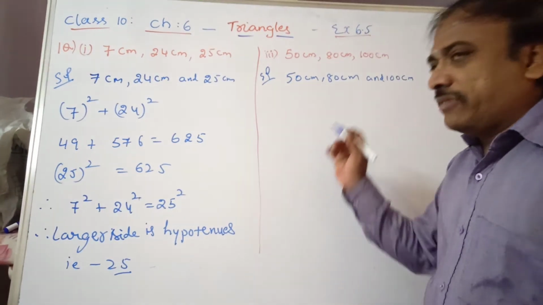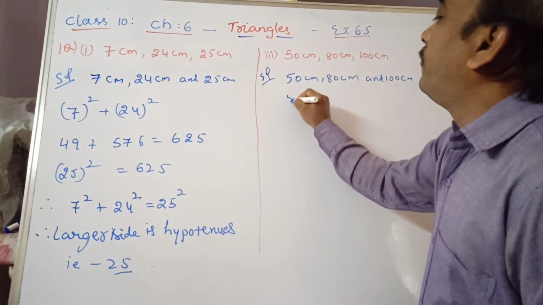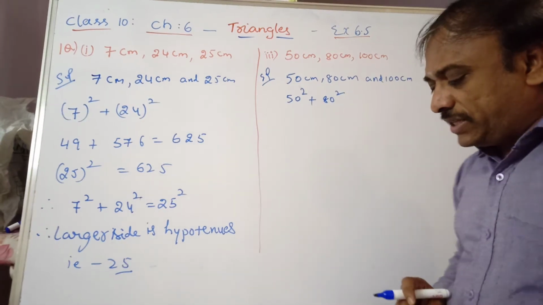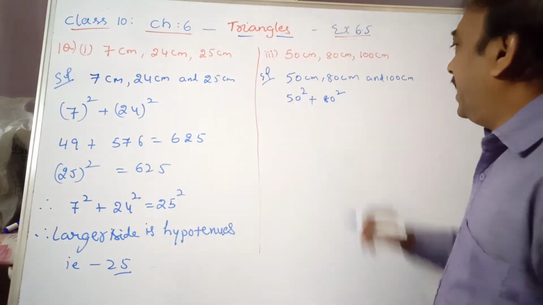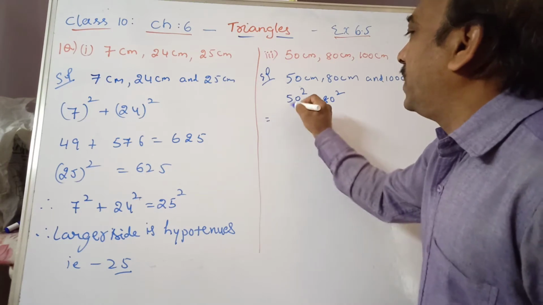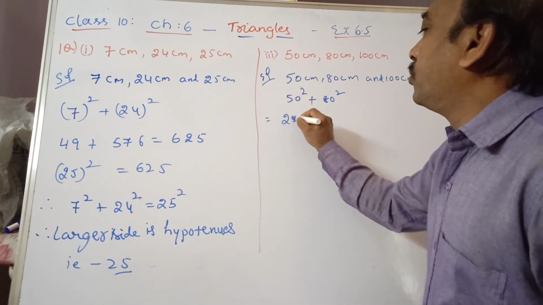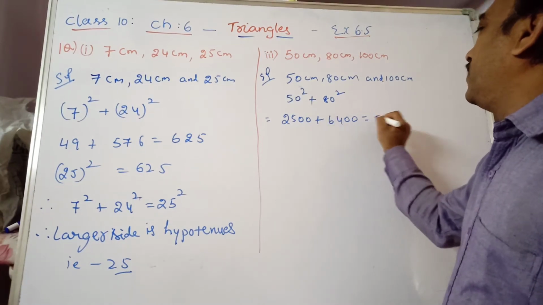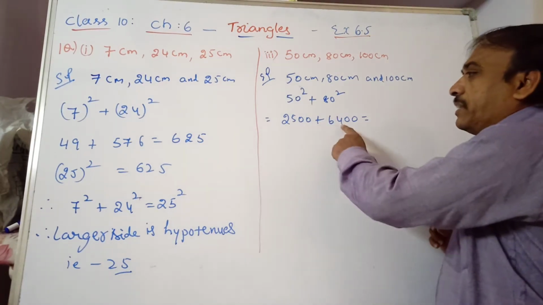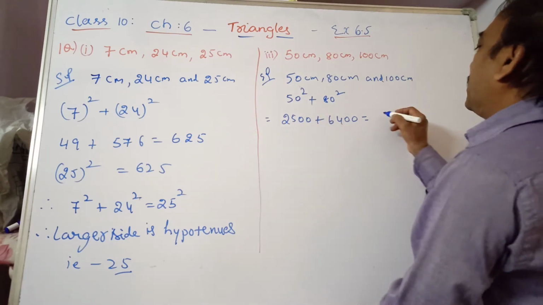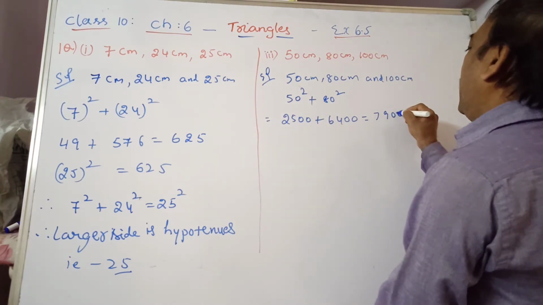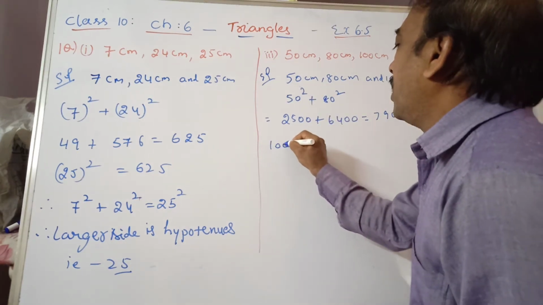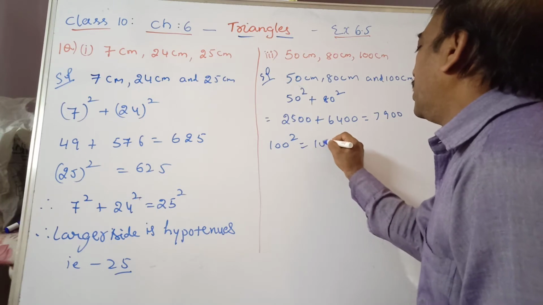That means for 50 square plus 80 square, find out first: 50 into 50 is 2500, plus 80 into 80 is 6400. 80 into 80, 8 8s are 64. Now find out 100 square also. 100 square is equal to 10,000.